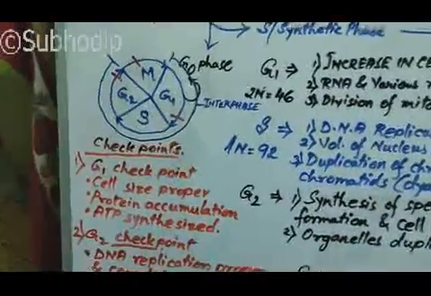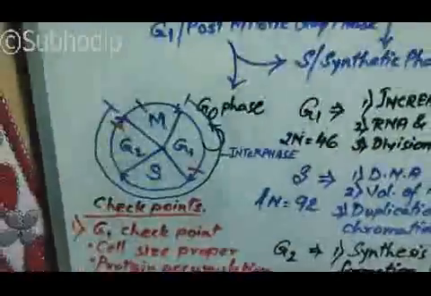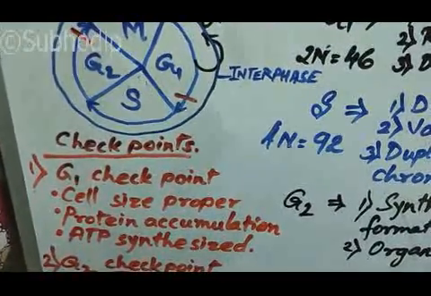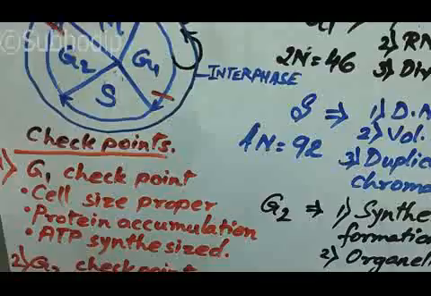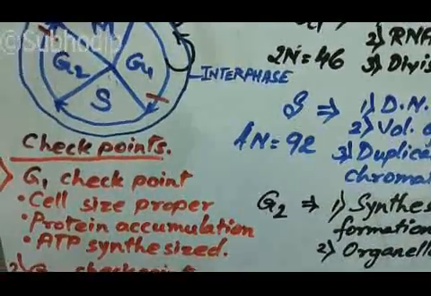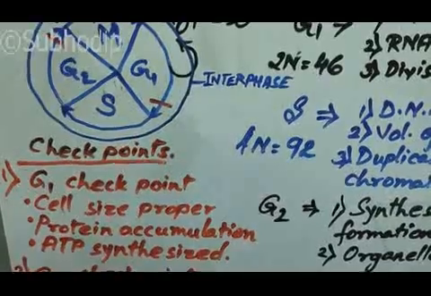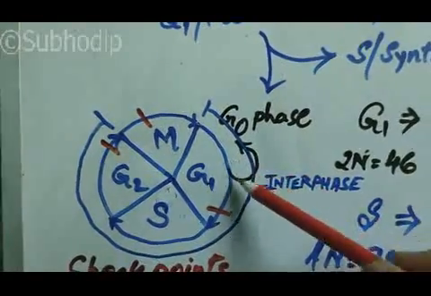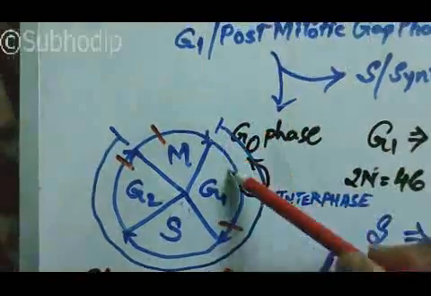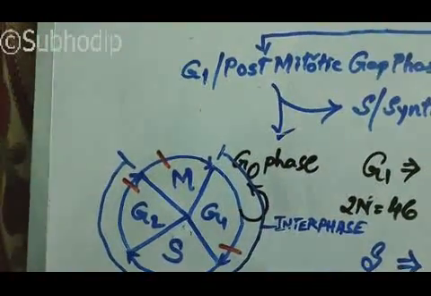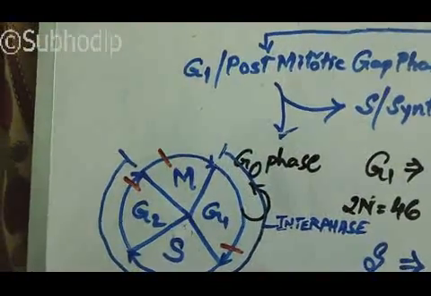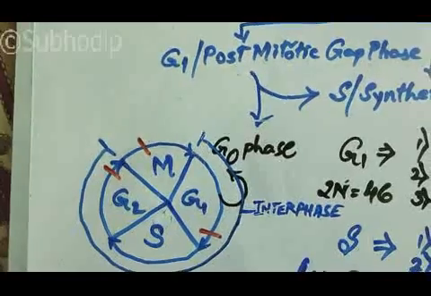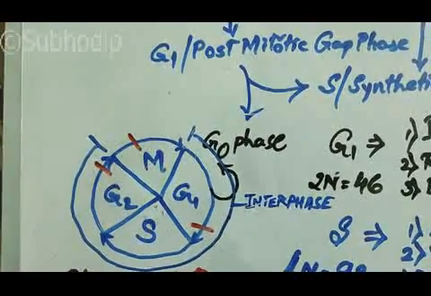It checks if the cell size is proper or not, whether the proteins accumulated are sufficient or not, and whether ATP is synthesized for the energy requirement or not. Here you can see another phase, that is the G0 phase. It is the arrested gap phase where the maturation and differentiation of cells which do not undergo division takes place.